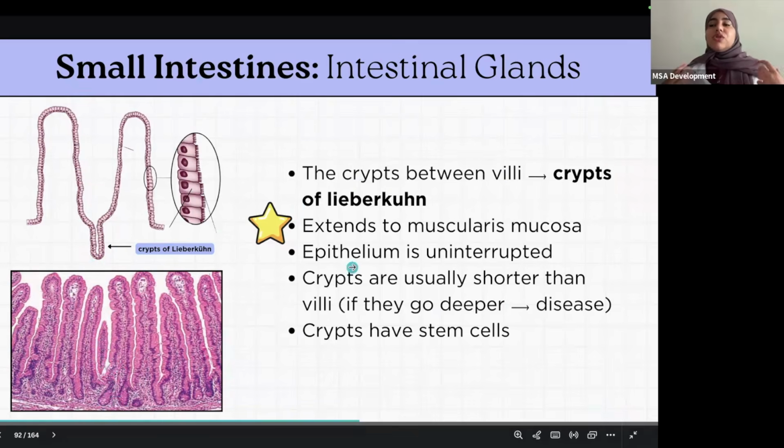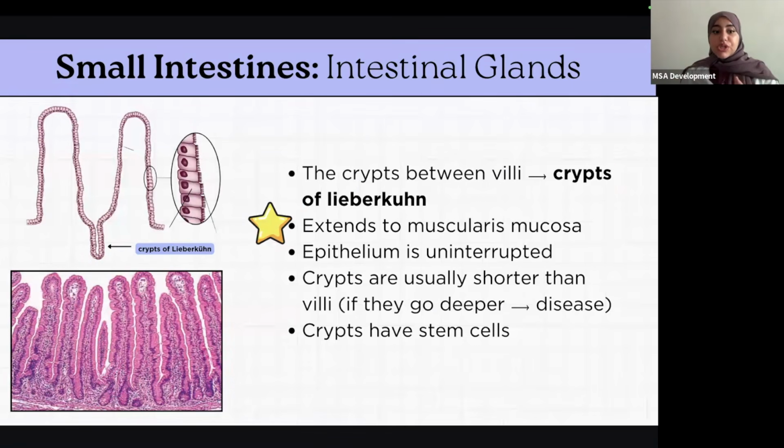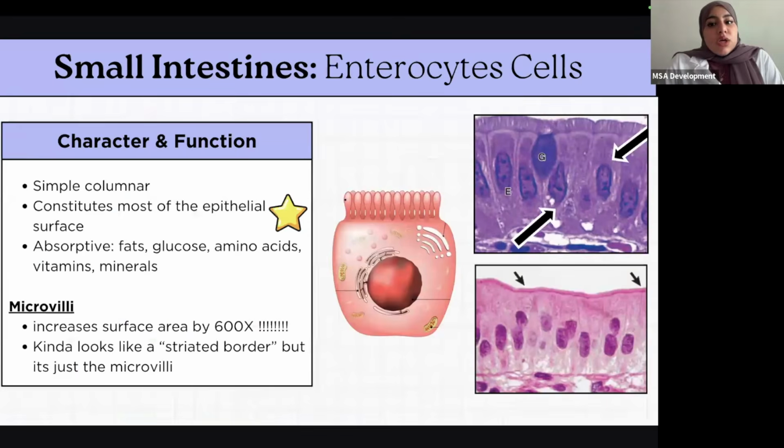I said that the submucosa and the mucosa push through to form the villi, and so the crypts are pushing through into the muscularis mucosa. They have stem cells to regenerate and all of that. But the crypts are not usually longer than the villi. If they are longer than the villi, that would signify a problem with the small intestine.